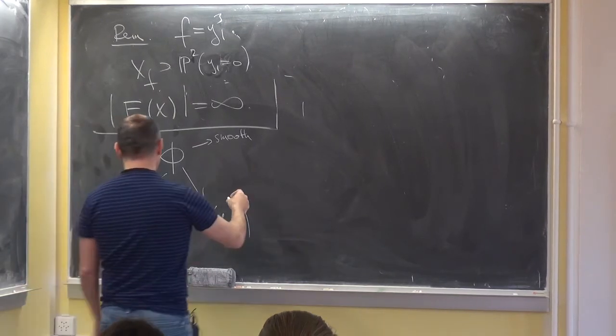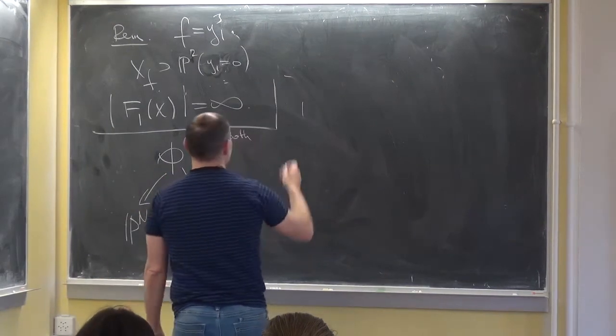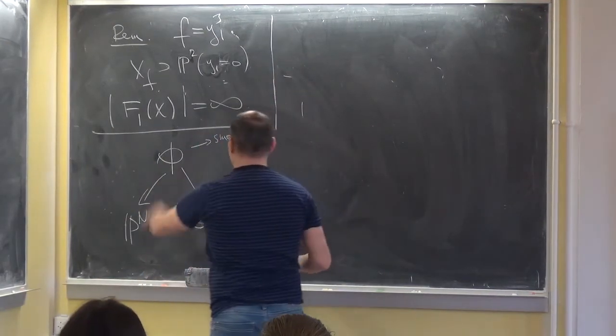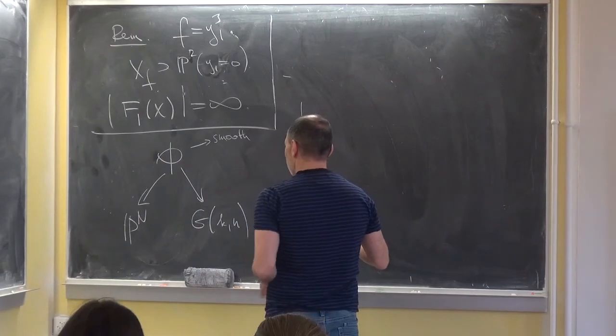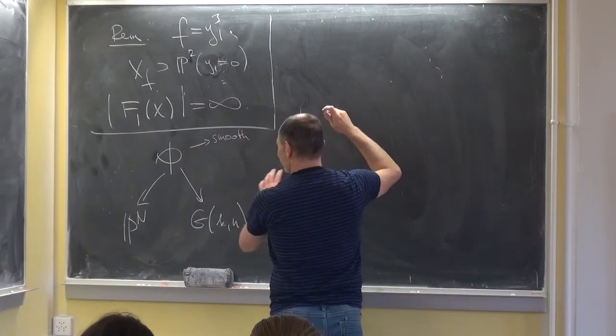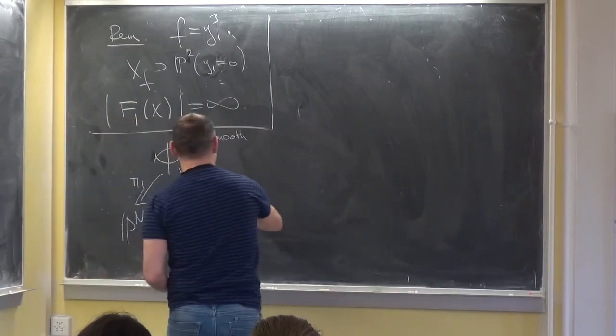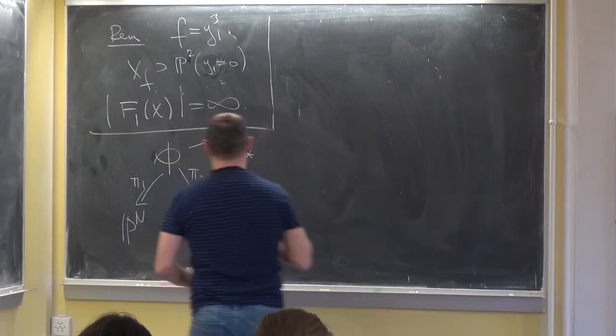Now the point was that in order to calculate phi, which is what we are interested in, I have to come back and write it down again, sorry. So this is pi 1, this is pi 2, and this was this bundle S star.